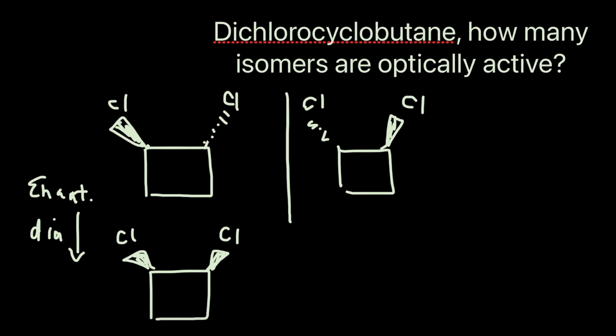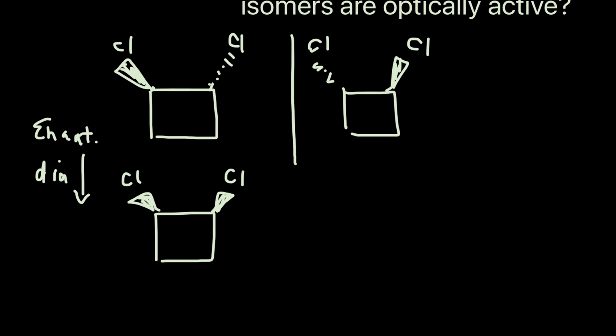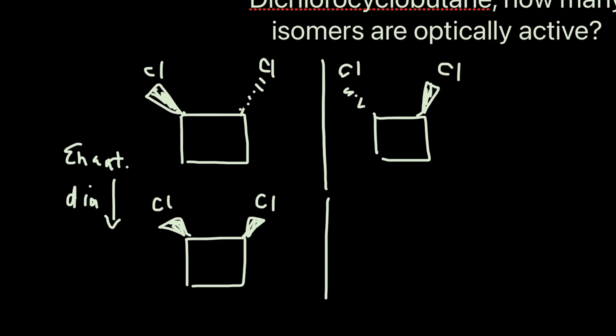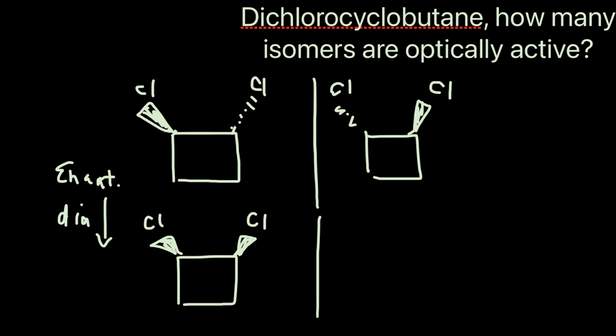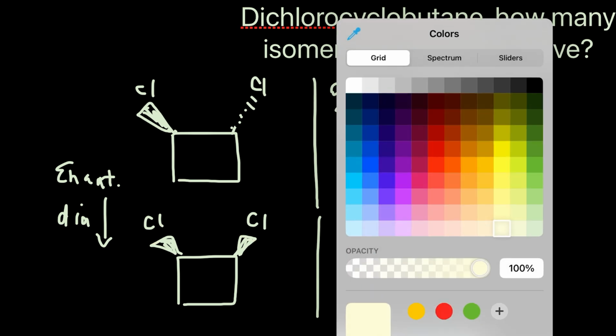So this is going to be like that. And then you might think, okay, let's draw the mirror image, but you're going to find the mirror image is the same thing. Even if you don't find it's the same thing, which happens a lot, you just need to recognize when you're given a problem with two identical substituents, two identical groups.